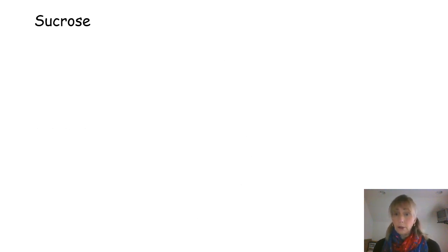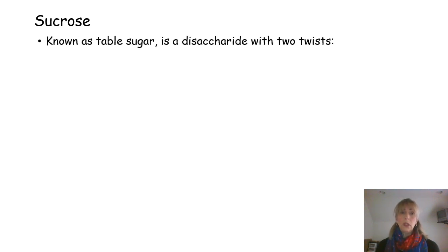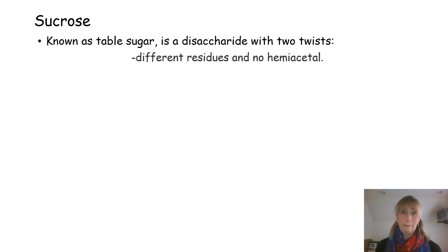Our third disaccharide is sucrose. Sucrose is also known as table sugar. It's a disaccharide with, we're going to say, two twists to it. Different residues, in other words, different monosaccharides. And in addition to having different monosaccharides, it has no hemiacetal.